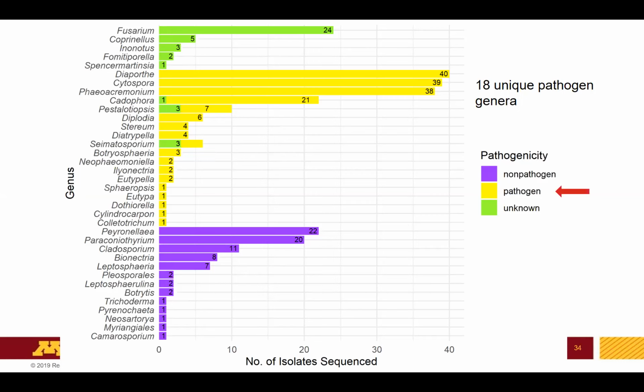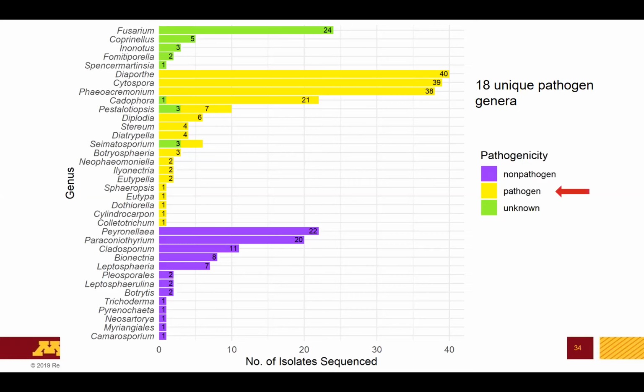If you look at the table, look for the yellow bars: Diaporthe, Cytospora, and Phaeoacremonium are the 3 top pathogens that we have found so far. And you can see the numbers 40, 39, and 38 for the number of times we found those. You can see Botryosphaeria down on the list, which is a pathogen. We have only found that 3 times.